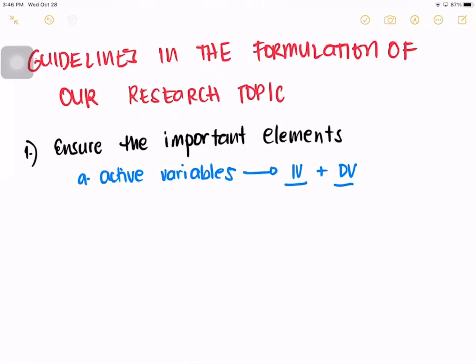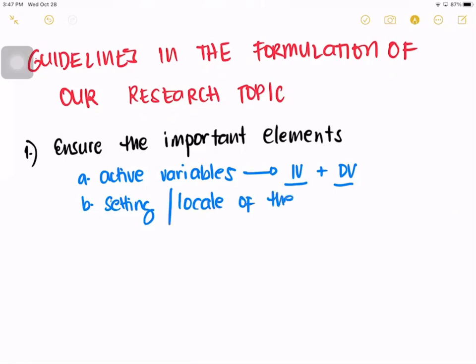But the letter A, the active variables, is non-negotiable, meaning regardless of which university or school you are in, you really have to put the active variables in your title. However, in some institutions, they would also include other elements, which are of course the setting or the locale of the study.